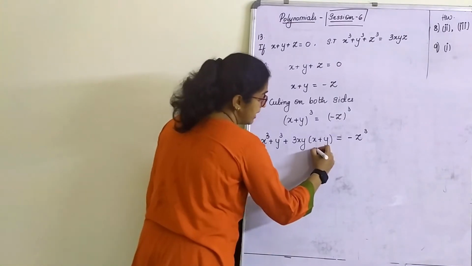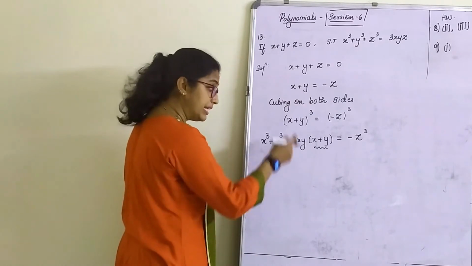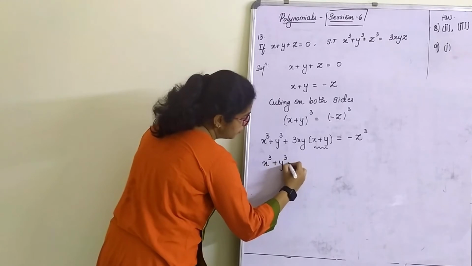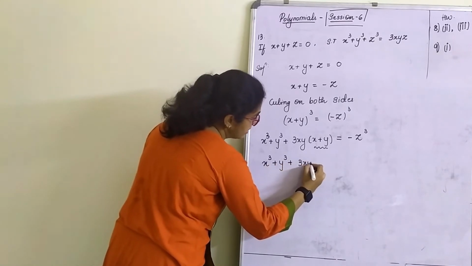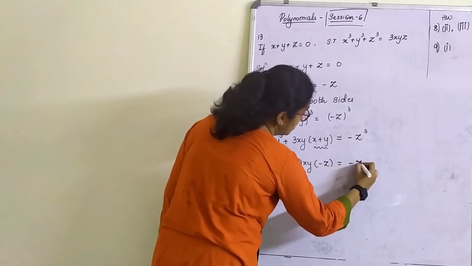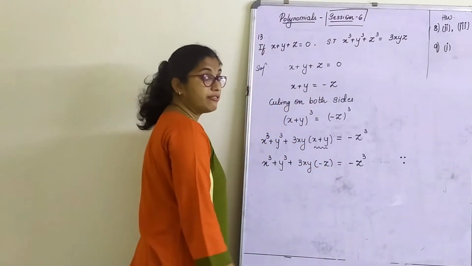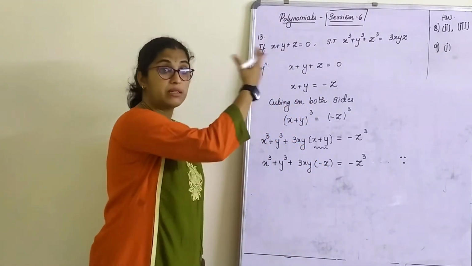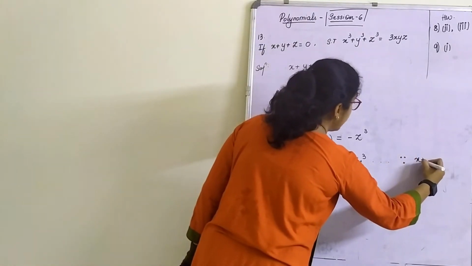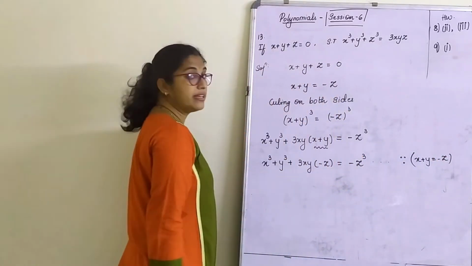Now, what is x plus y is equal to from here? Minus z, right? Substitute. X cube plus y cube plus 3xy of minus z is equal to minus z cube. Because always write reason. Whenever you write something from something, you substitute and write reason is must and should. Because x plus y is equal to minus z. That is what we have done here.